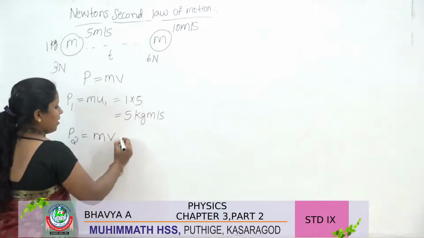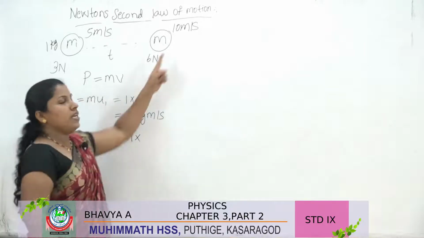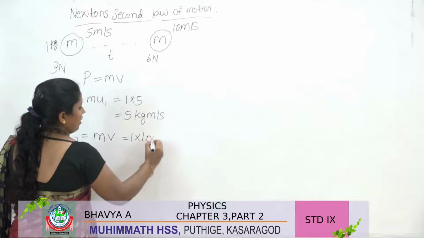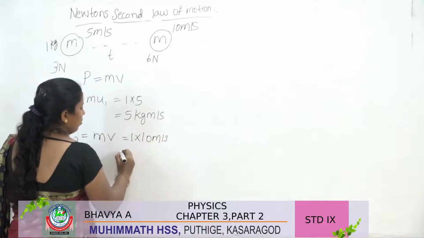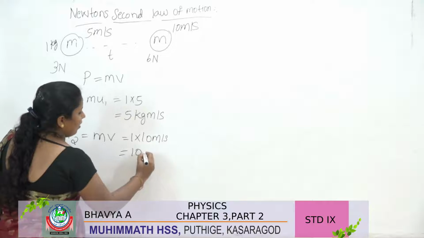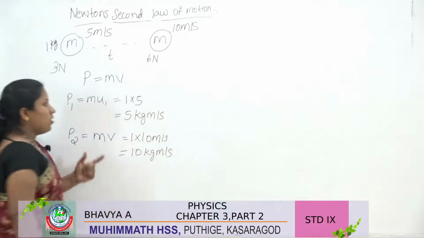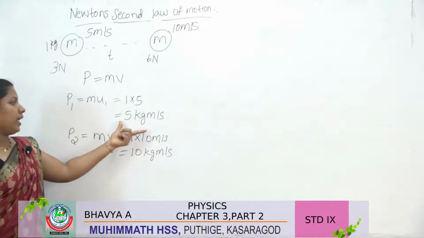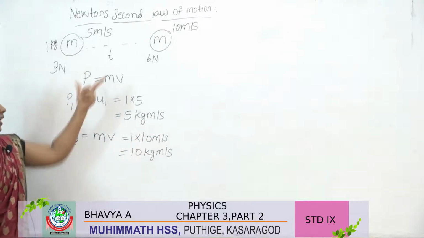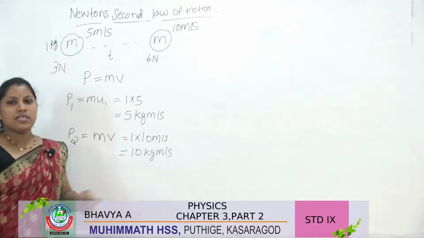Mass 1 into the final velocity 10 meter per second, so the momentum is 10 kg meter per second. So the first momentum is 5 kg meter per second, and the second momentum is 10 kg meter per second.